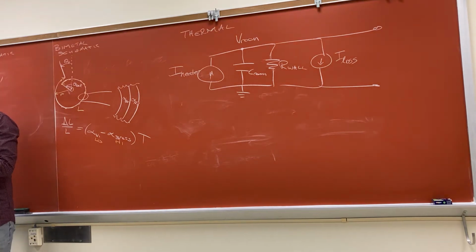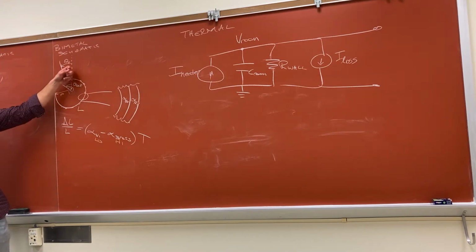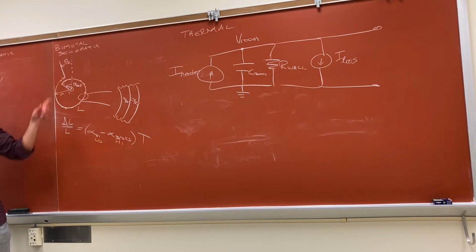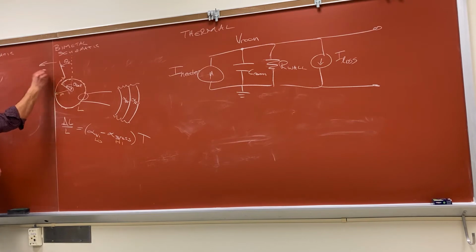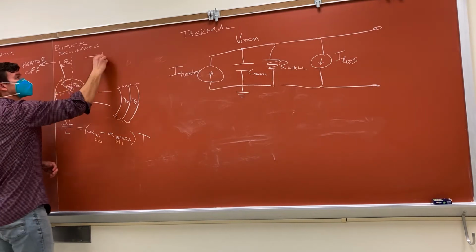No, I wish I'd brought the thermostat, because I could have shown you that when the switch goes here, the circuit is opened, and when the switch goes here, the circuit is closed. So which one is it again? This one is going to give us heater off, and this one is going to give us heater on.